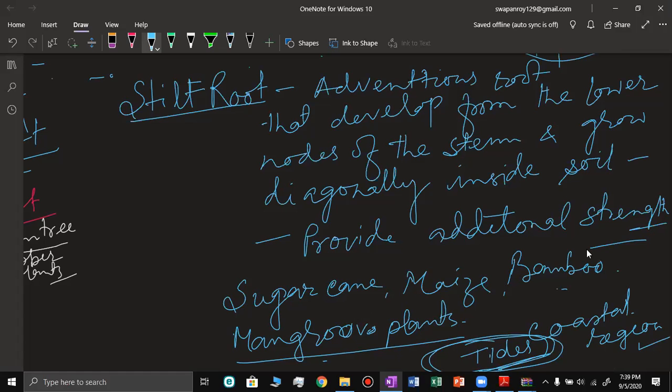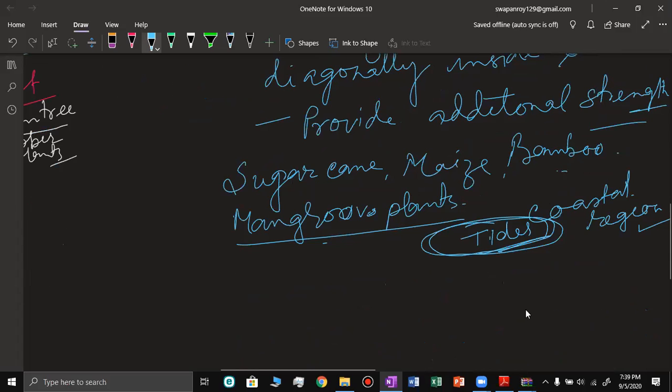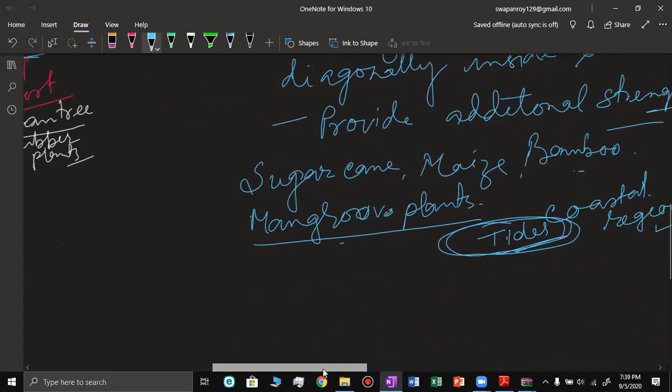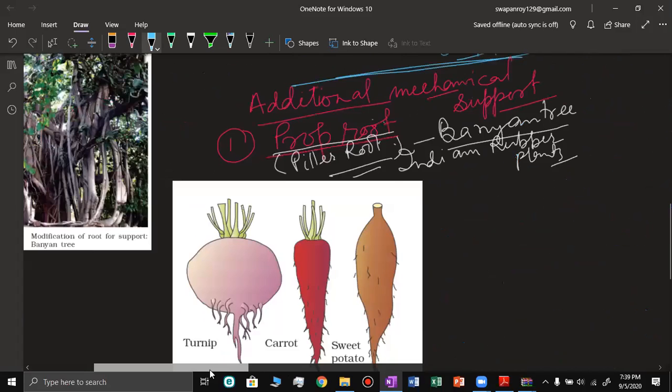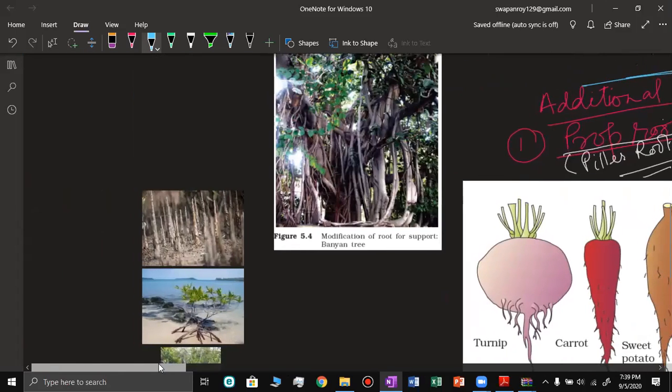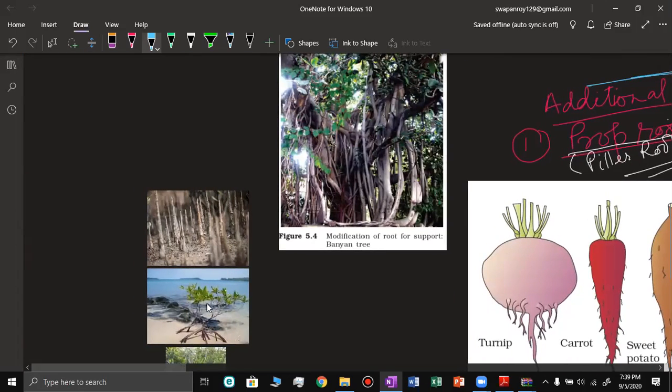I will show you some photographs of the stilt root.